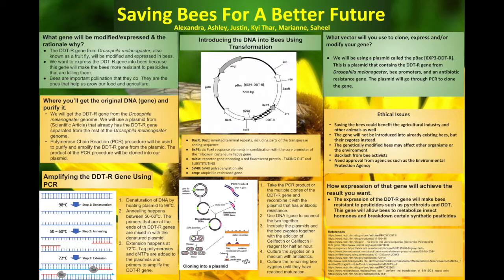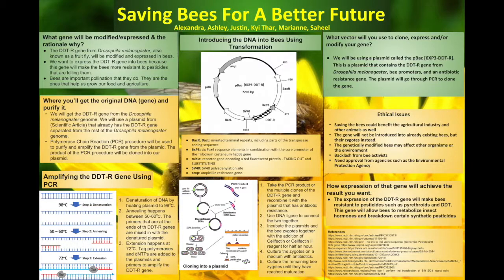We will use the PBAC6XP3 rubia plasmid that already has the DDTR gene separated from the rest of the Drosophila melanogaster genome. Polymerase chain reaction, or the PCR procedure, will be used to purify and amplify the DDTR gene from the plasmid. The product of the PCR procedure will be cloned into our plasmid.